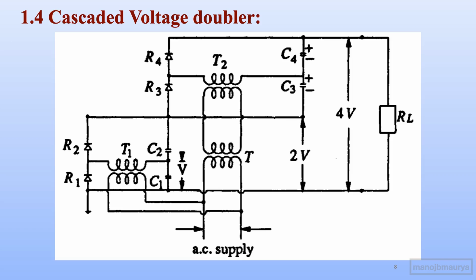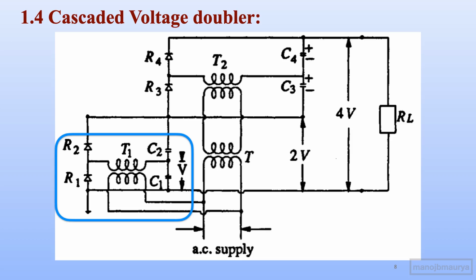Kindly pay attention. Here there are two voltage doubler circuits connected in series. The output of first voltage doubler circuit, as highlighted now in the diagram, you can see through a blue box or blue highlight.